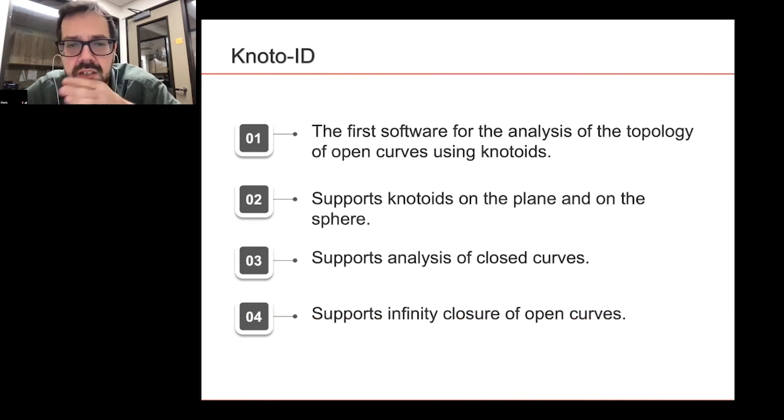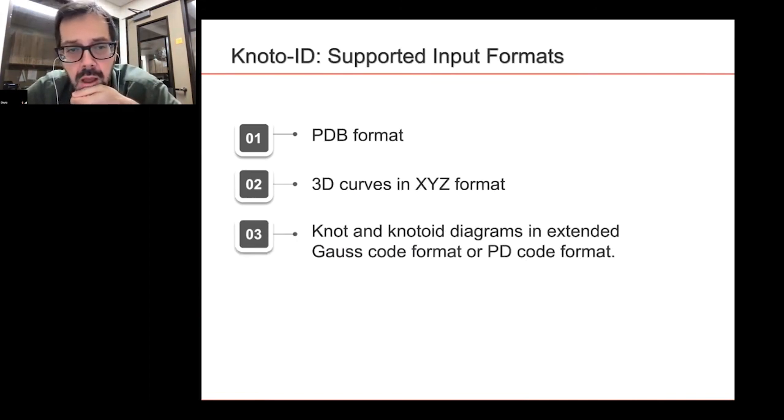Some facts here: it is the first software that analyzes Knotoids and open curves. It has Knotoids on the plane and on the sphere. It's backwards compatible with the literature in the sense that it supports analysis of closed curves also. And it has the infinity closure, as I said before. It supports the PDB format for proteins, and open curves in XYZ format.